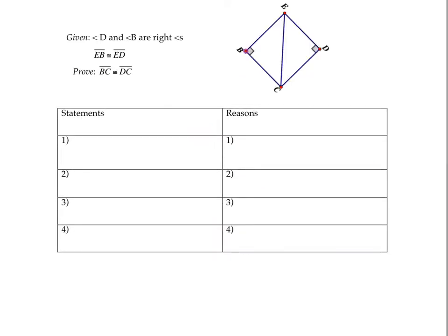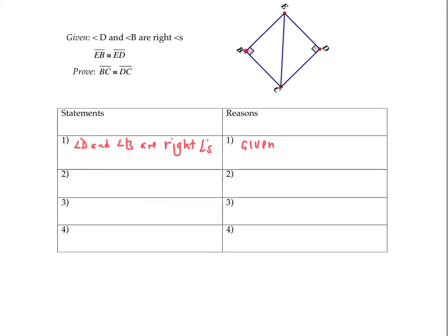Okay, for our last example today, we're going to do a proof, but you actually need 2 more lines in order to do this proof correctly. So we're given that angle B and angle D are right angles. And you can see that they're already marked as right angles in the picture. I have a feeling that we want to do this proof by saying that the 2 triangles are congruent using the hypotenuse leg theorem.